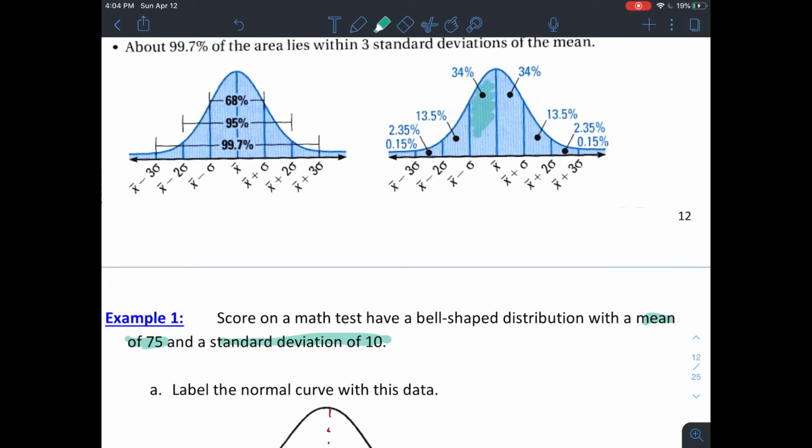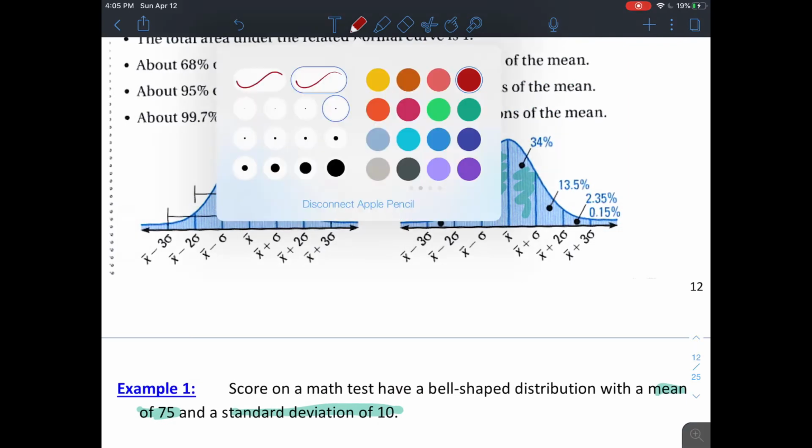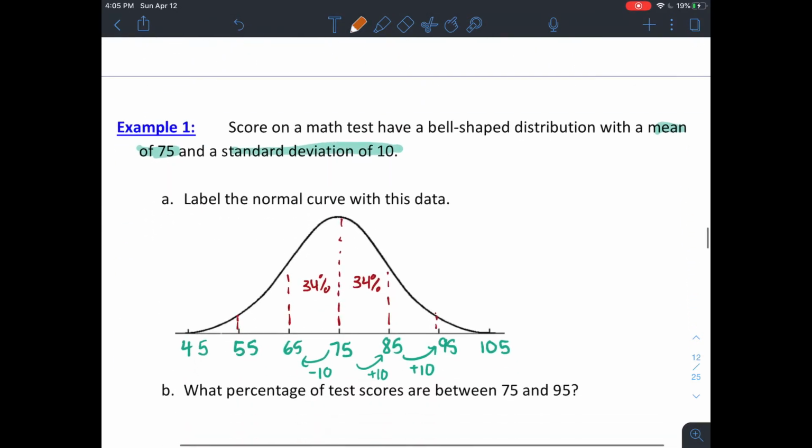If I am within one standard deviation, that's a 34% probability that I get a test score that falls in each of those ranges. If I go further away from my mean, within 2 standard deviations, it's a 13.5% probability I'm in that range or that range.